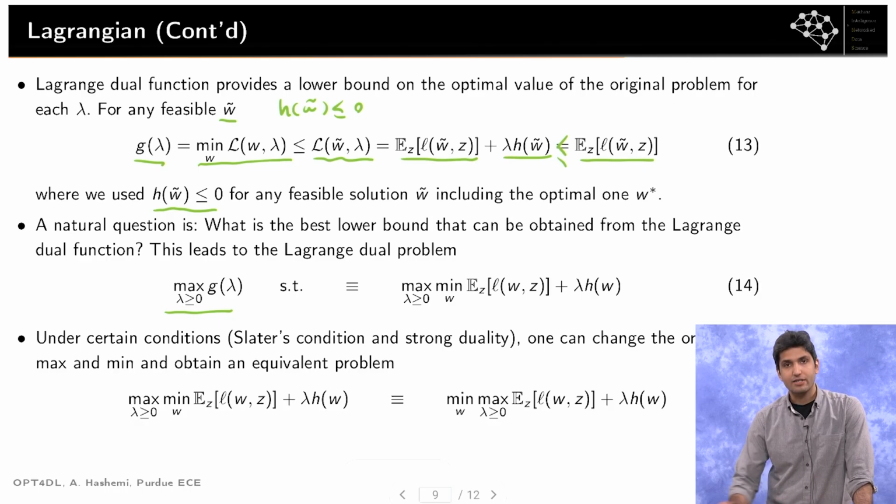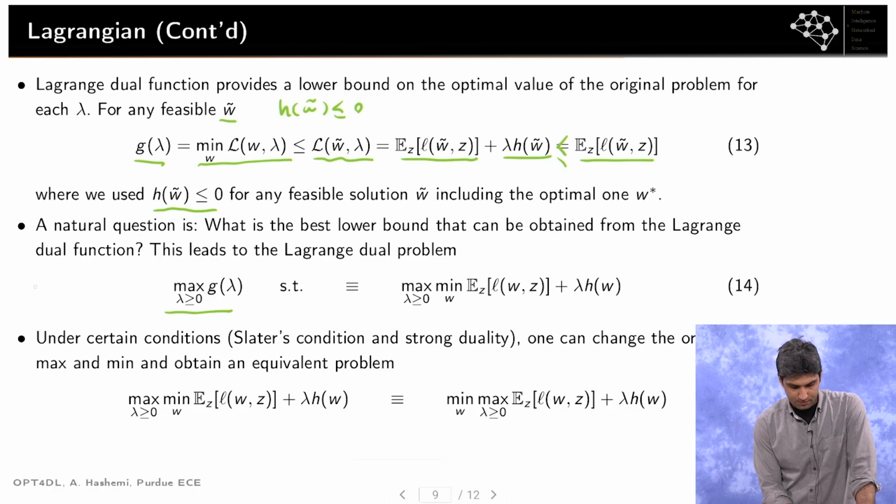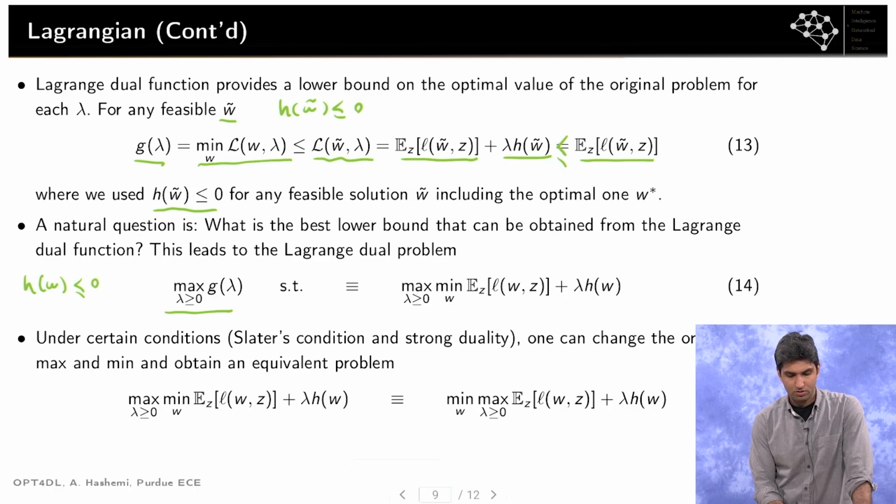Okay. Note that here we're going to have a constraint on lambda, and the reason for that is that we basically needed lambda to be larger or equal to 0 to make sure that we can find points that satisfy the constraint h of w less than or equal to 0. In particular, lambda has to be non-negative to make sure that this constraint is satisfied.